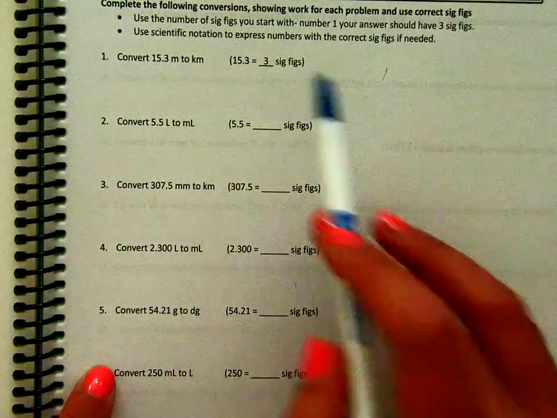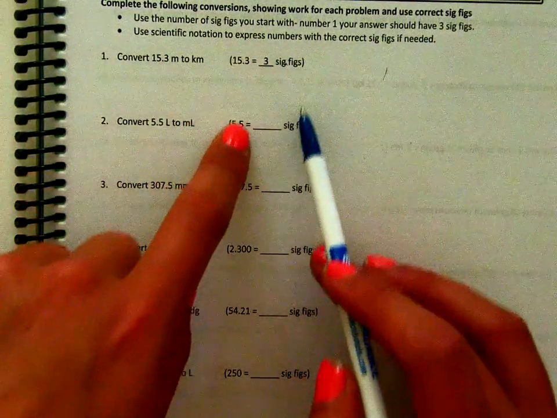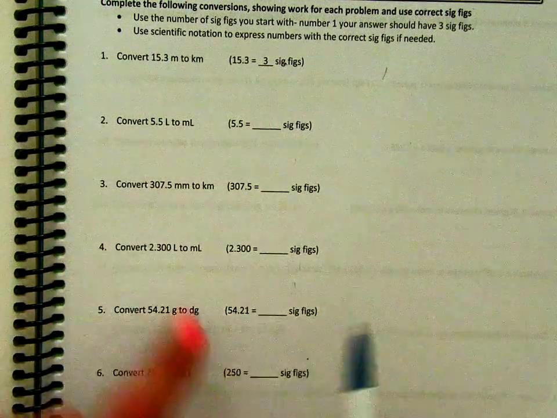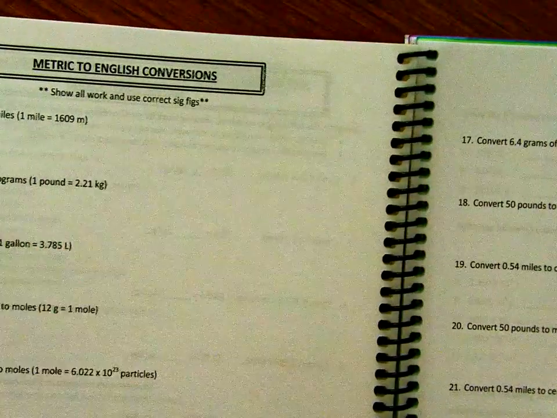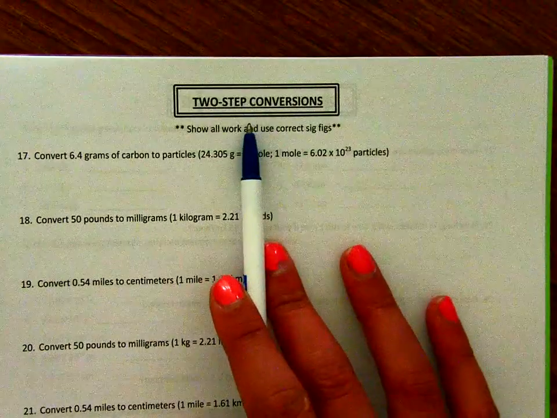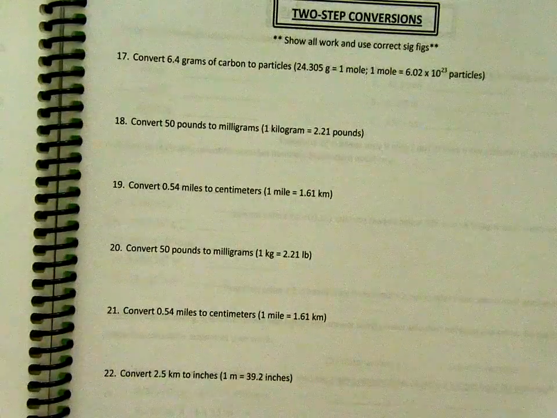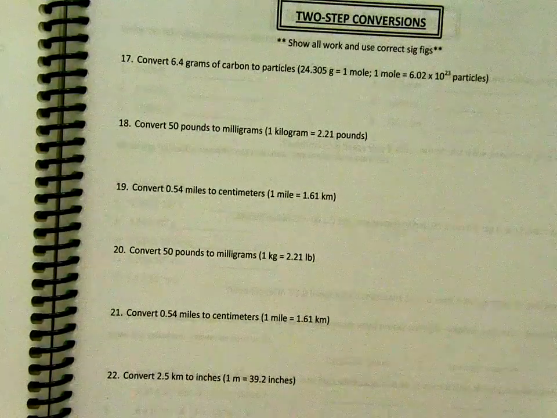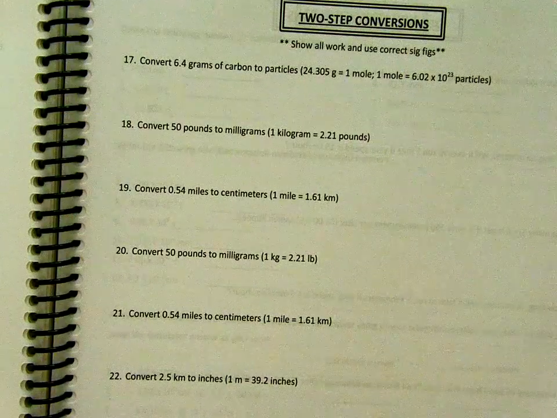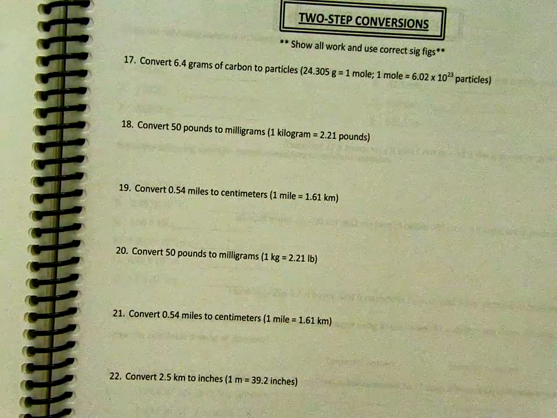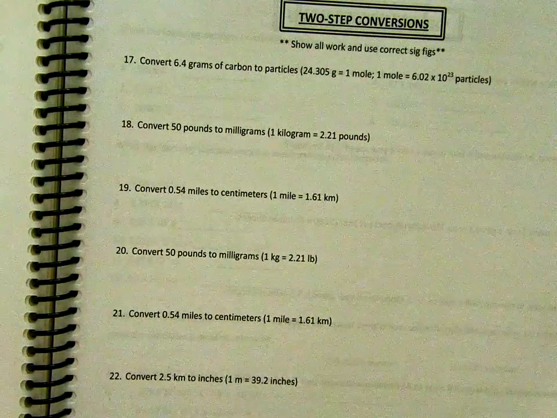We haven't learned sig figs yet, so you can kind of ignore this section for right now, but you can do the conversions. Also, there's metric to English conversions and 2-step conversions on pages 2.22 and 2.23 that you can work through. Alright, so try and get as much as you can done. Take notes on what you have questions on, and I will answer as many questions as possible. And we're going to work on this all year long.